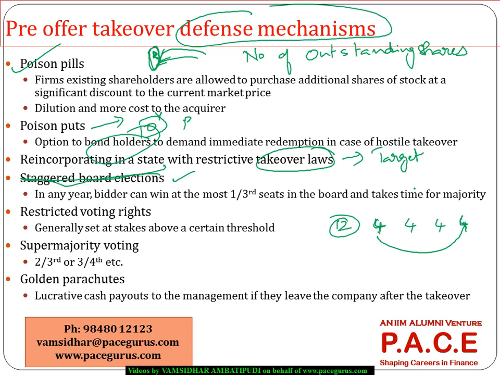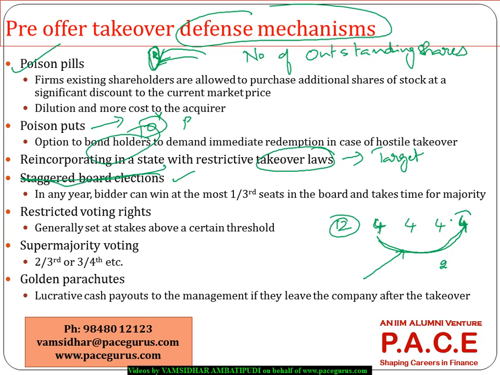So in this process, what happens is, if there is a proxy battle wherein the potential acquirer wants to replace the board with his own members, it will take at least 2 years of election, because in the first election at the most only 4 people can be brought in.